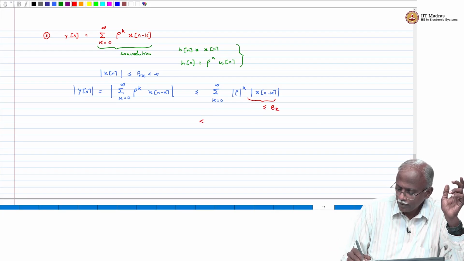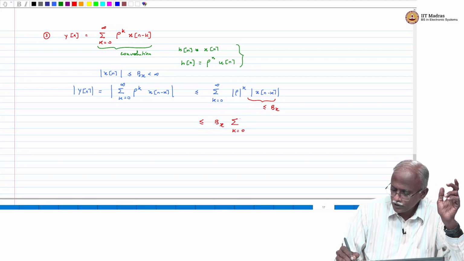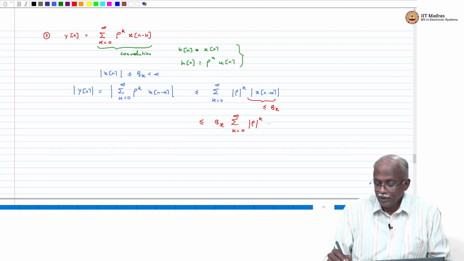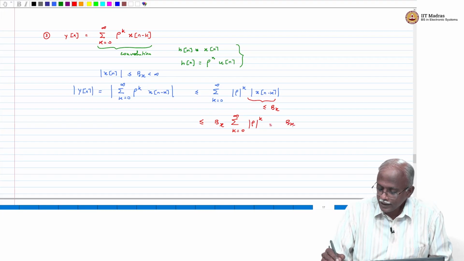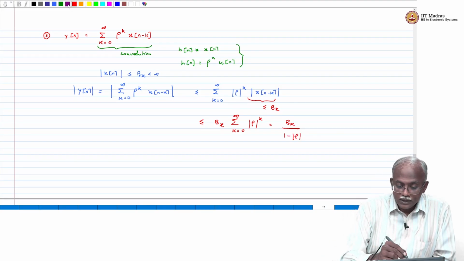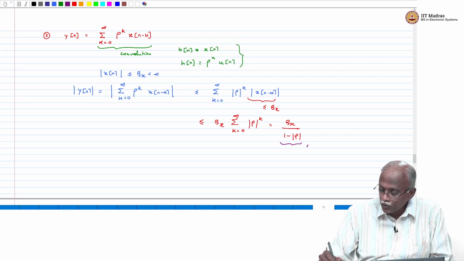So, then pull bx outside the summation. This is less than or equal to bx summation k equal to 0 through infinity mod rho raised to the power k. This is a geometric series, which is bx divided by 1 minus mod rho. This summation converges only if mod rho is less than 1.